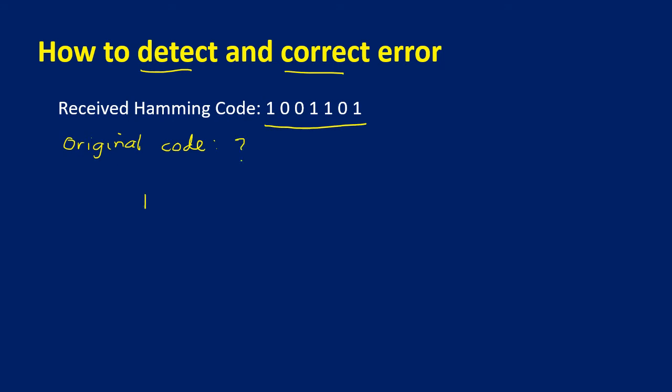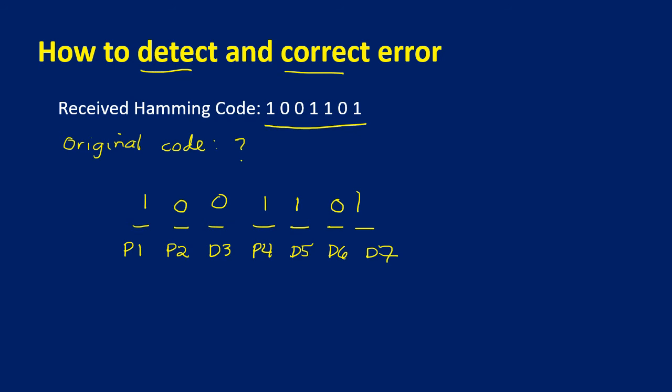Let me write my numbers here: 1, 0, 0, 1, 1, 0, 1, and then I will write down the positions. This is P1, P2, D3, P4, D5, D6, and D7.